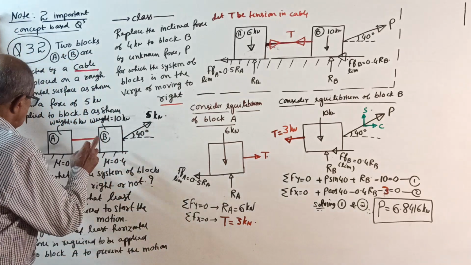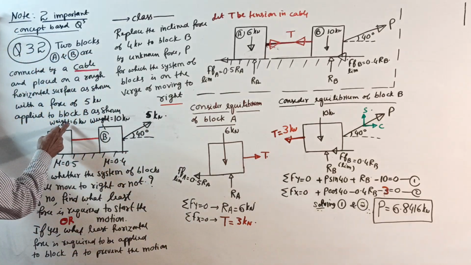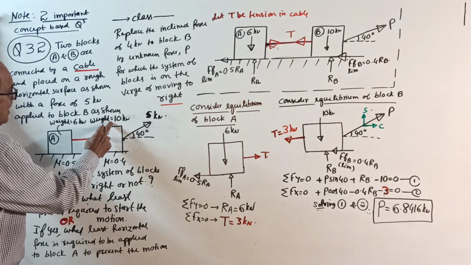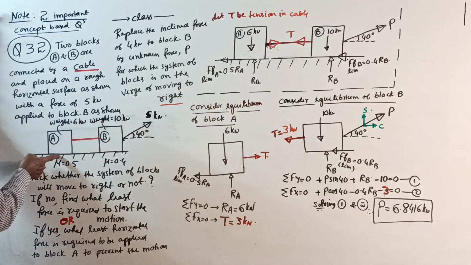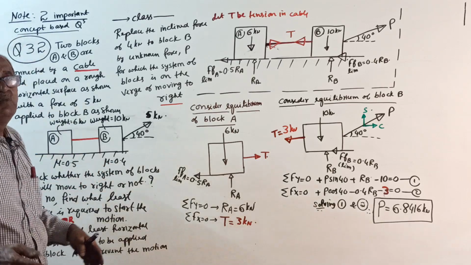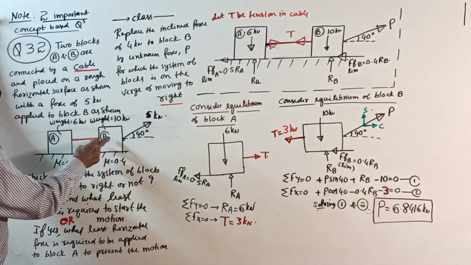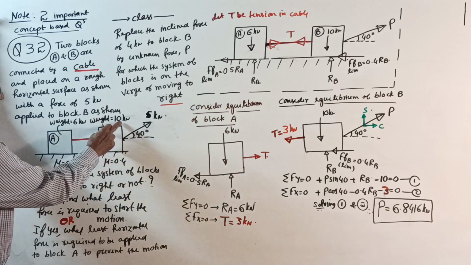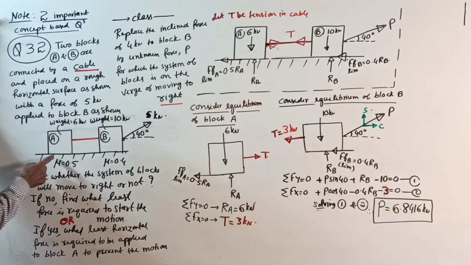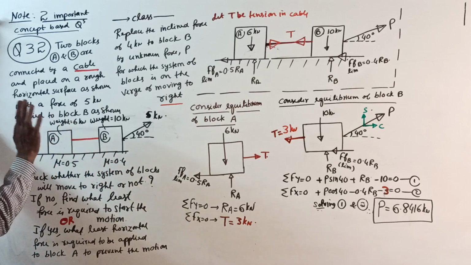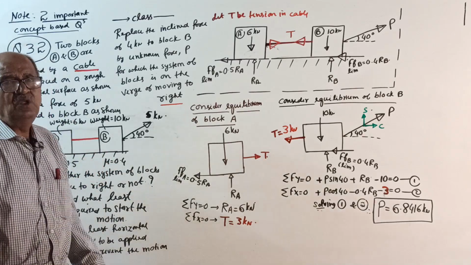Then, see, they are telling weight of block A is 6 kilonewton, weight of block B is 10 kilonewton. Coefficient of friction is 0.5 here, 0.4 here. It can be given by words also. How words? Weight of block A and weight of block B are respectively 6 and 10 kilonewton, and friction coefficient for contact surface of A and B with that horizontal plane is 0.5 and 0.4 respectively. Okay, this is all usual statement.